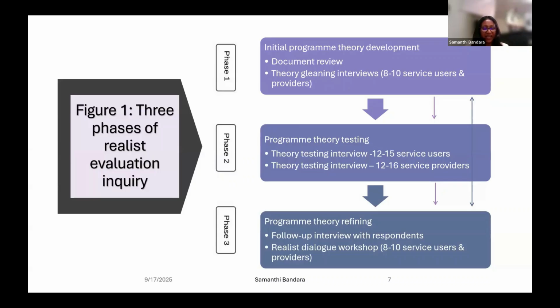The sampling in realist evaluation is another thing that I wanted to highlight. It is theory-based. That means choosing respondents purposefully to reflect different perspectives about the program, not to balance the number of participants or to bring consensus. And I, as a researcher, need to think who can tell me what about context, mechanism, and outcomes.